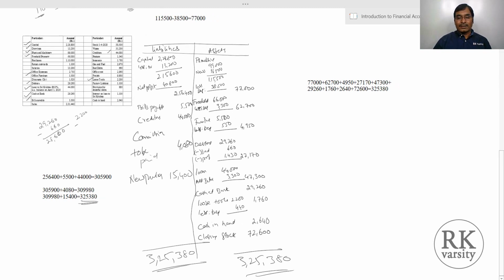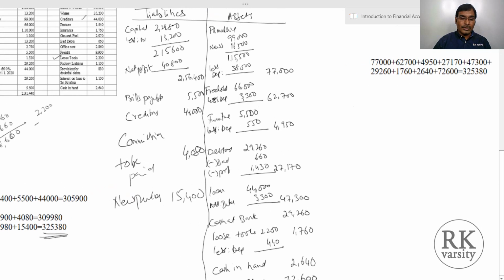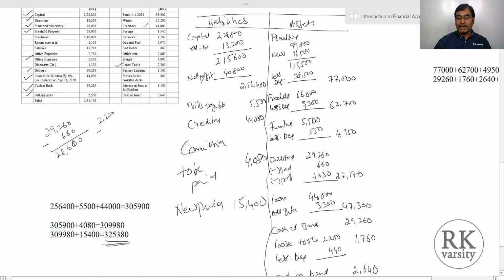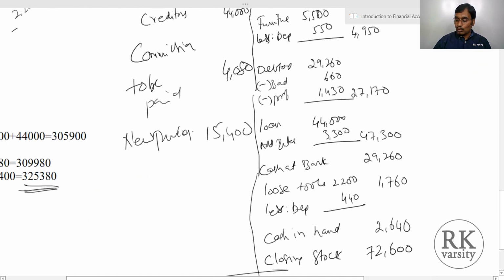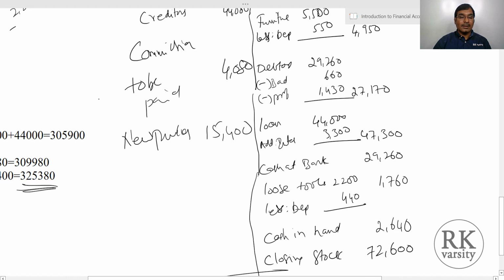However, here even I, because of a lengthy explanation for more than 30-35 minutes, missed one or two items here. One is the commission to be paid to the manager, that I forgot, and a new machinery purchase, that is we have to create new creditors.